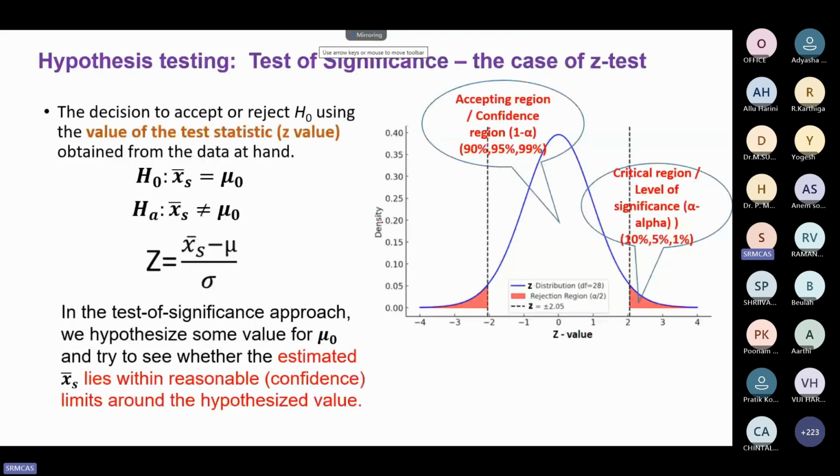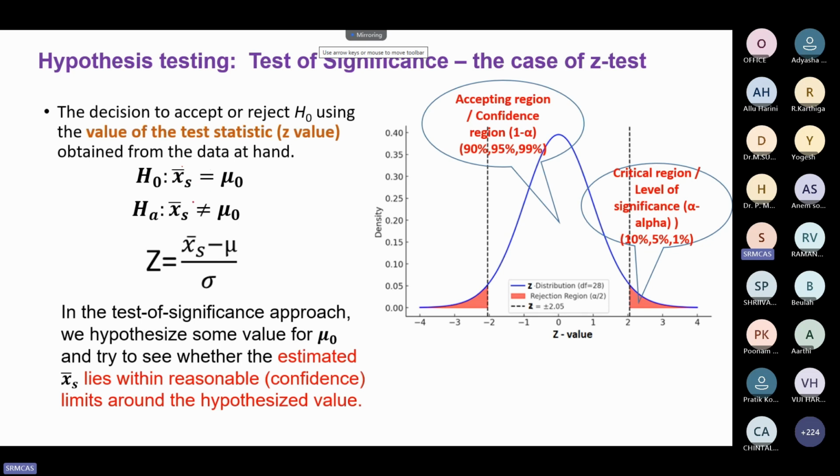So here, let's see. In hypothesis testing, the test of significance, in the case of the Z test, our decision is to accept or reject the null hypothesis. Our null hypothesis is that the estimated value is equal to the population parameter, so there is no difference between the two values.